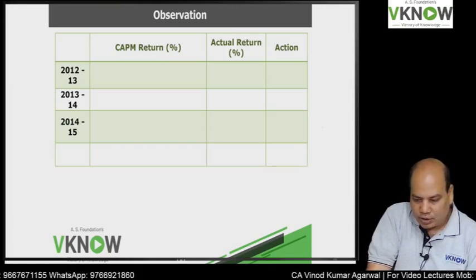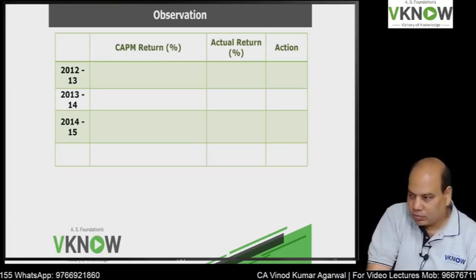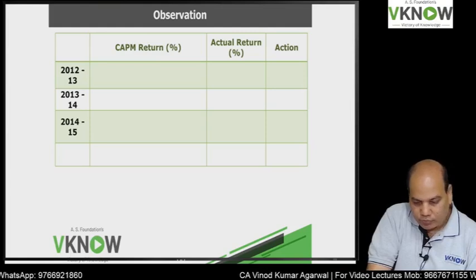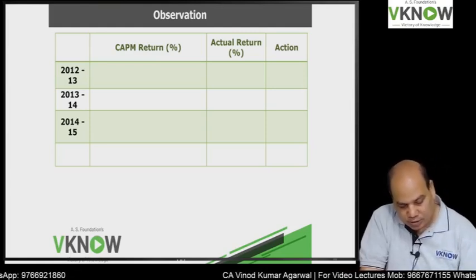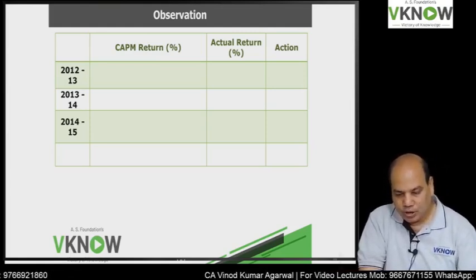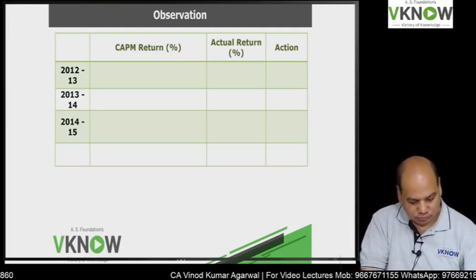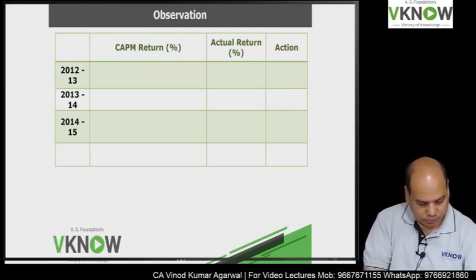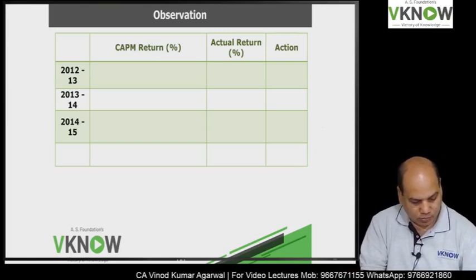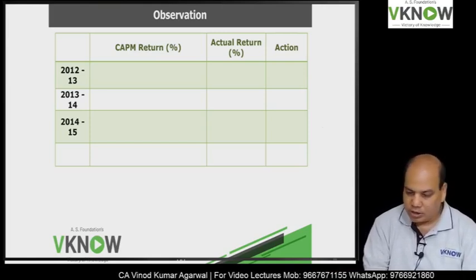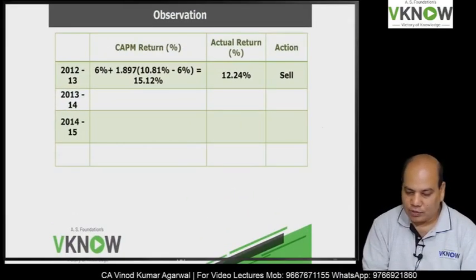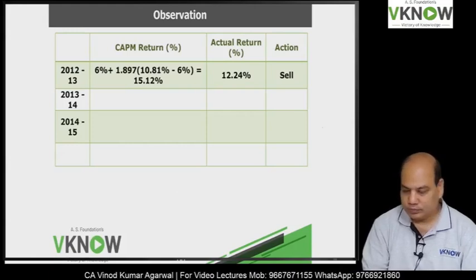So observation: CAPM return, actual return, and action. So first I will solve, next two you will solve.